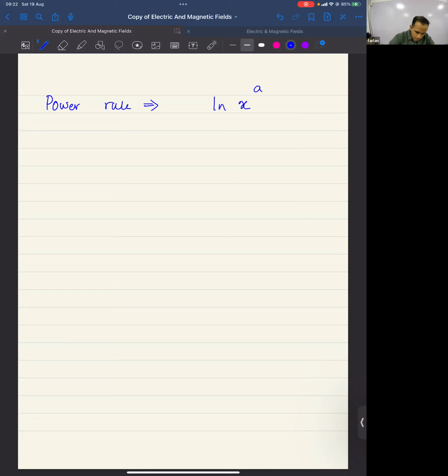This can be written as a times ln x. This is called the power rule of logarithms. This a can come in front. So a comes in front, it becomes a into ln x.